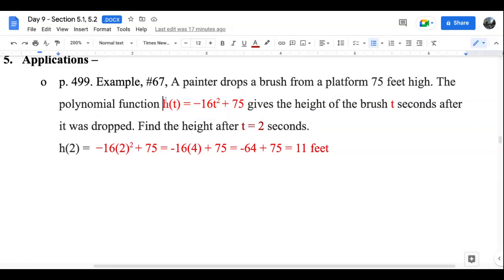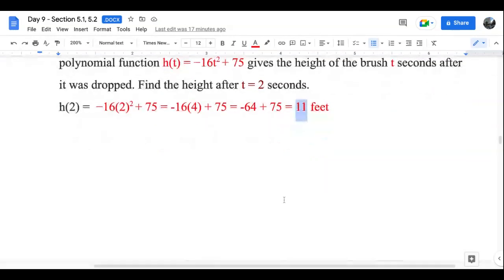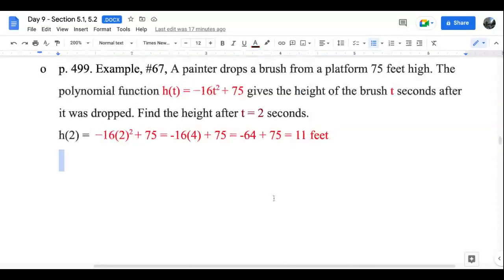We plug in h of 2, so we substitute t with 2 and calculate. We get 11 feet. So after 2 seconds, the height of the brush would be 11 feet above the ground. This is evaluation of a function, right?